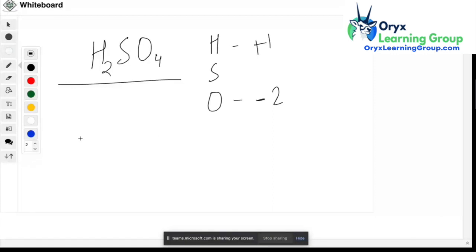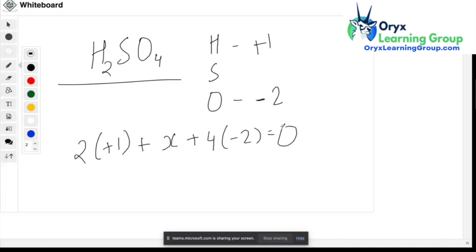I'm sorry, I'm really having a bad throat. So it will be 2 into +1, plus, suppose we assume that the oxidation state of sulfur is X. So this will be 2 into +1 plus X plus 4 into -2 is equal to 0.